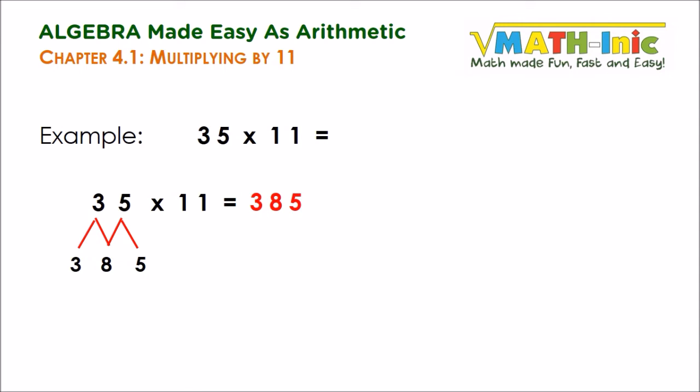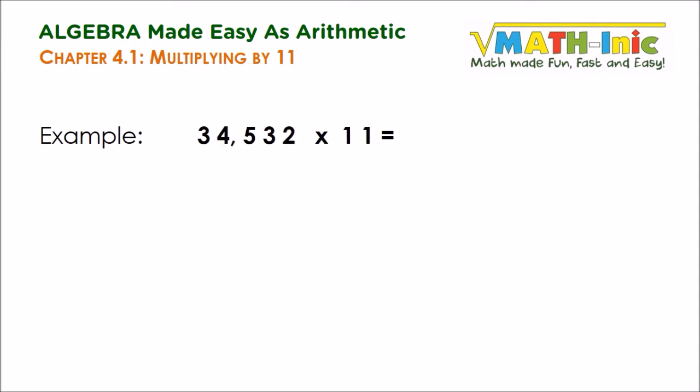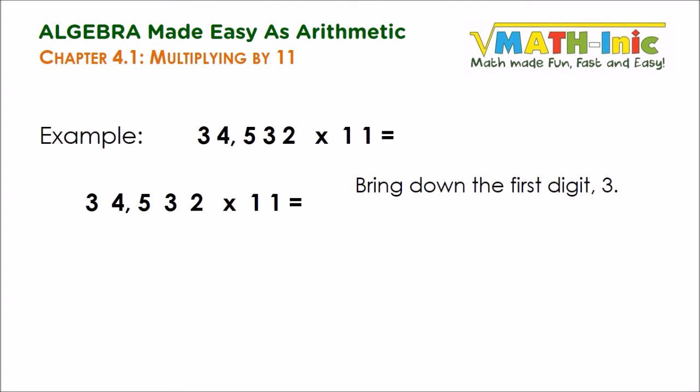We can also multiply longer numbers by 11. If, for example, we have 34,532 times 11, we first bring down the first digit 3.